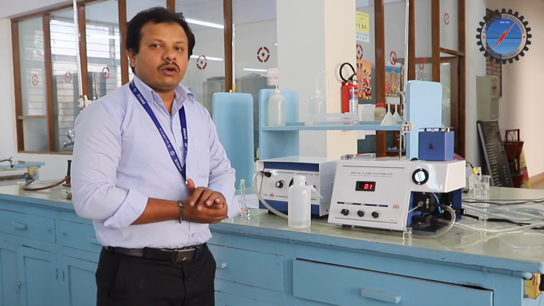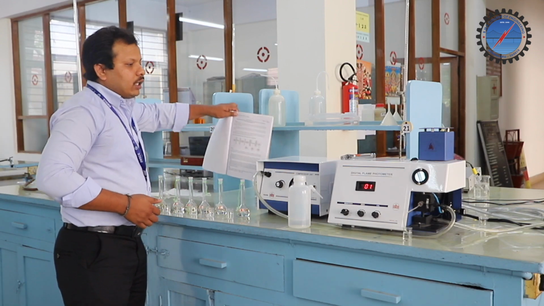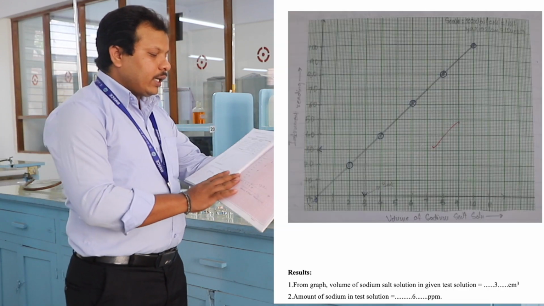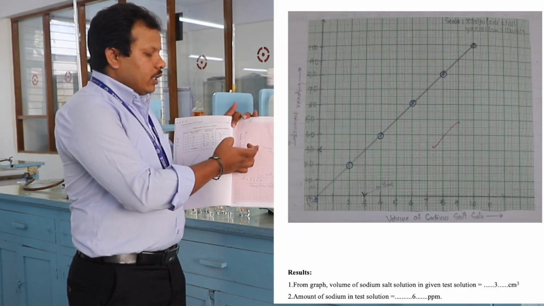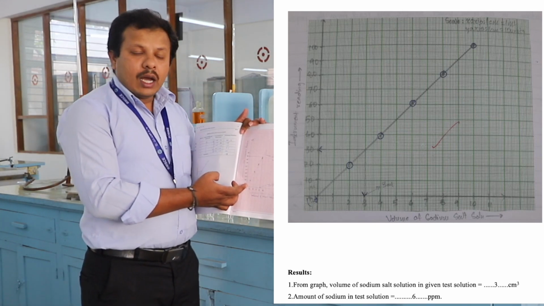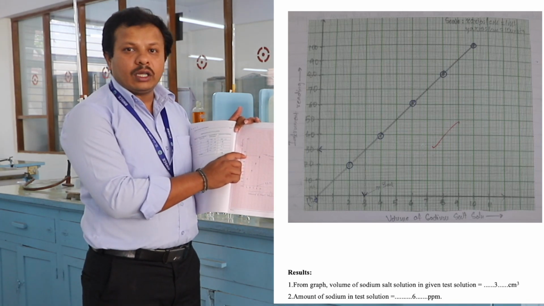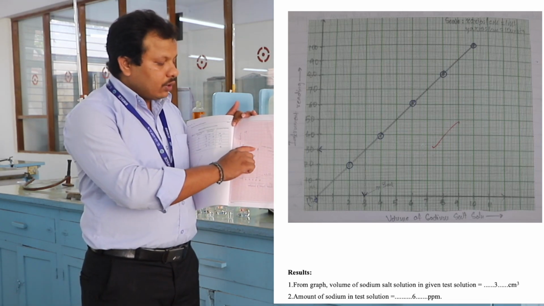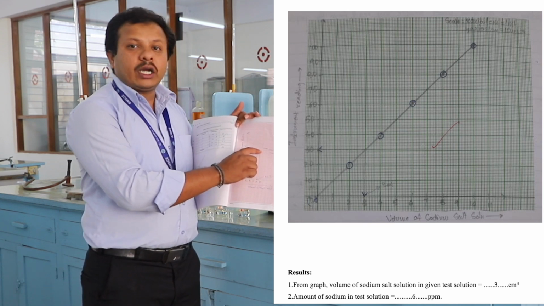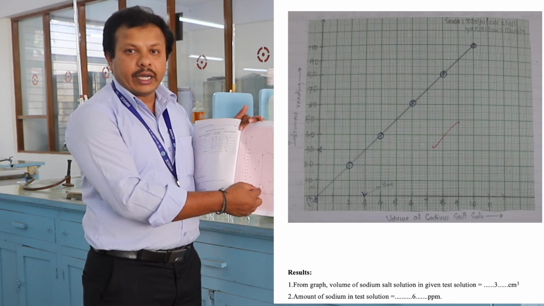If we plot a graph between the volume and the instrument reading, we get a characteristic graph, that is, a calibration graph, in which the maximum number of points fall on a straight line. For the test solution, first note down the instrument reading on the y-axis and draw a line towards this straight line.